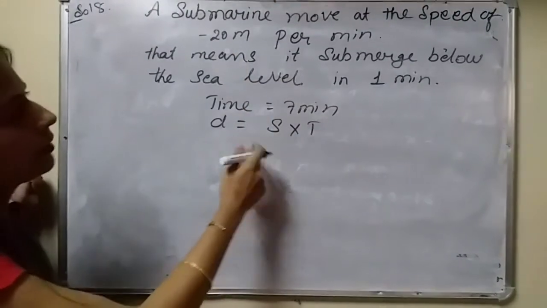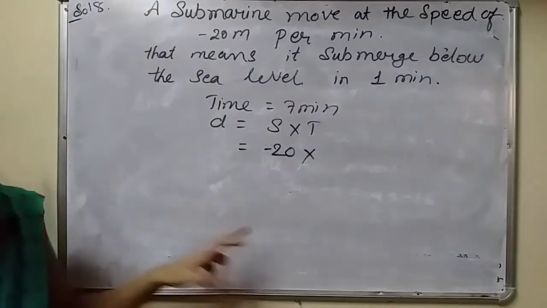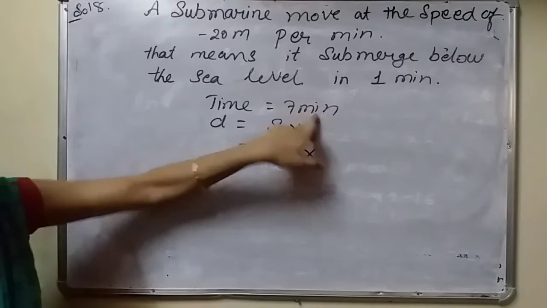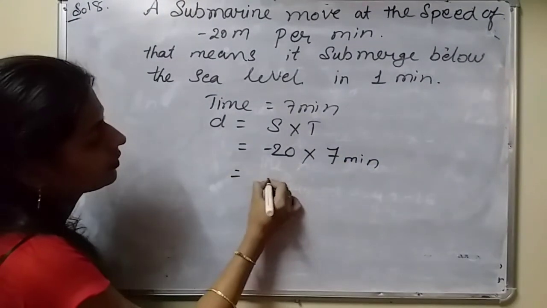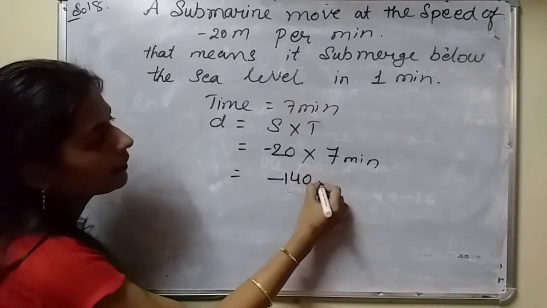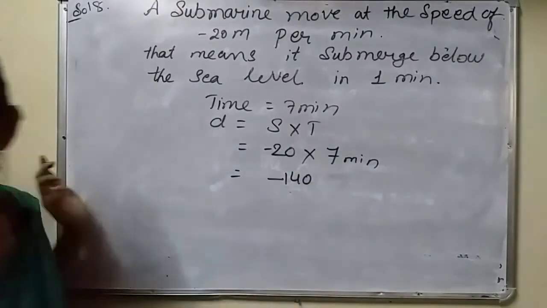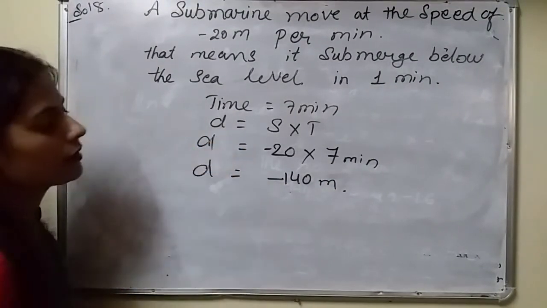Minus 20 meter per minute. Time is given there, 7 minutes. Minus 140 meters. That is the distance you got here.